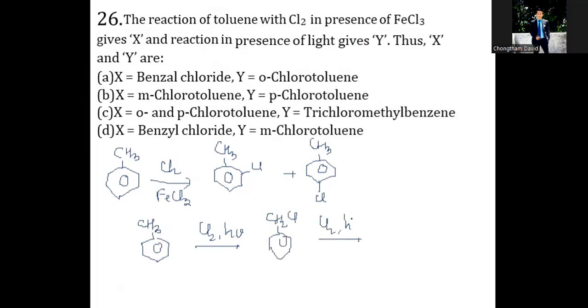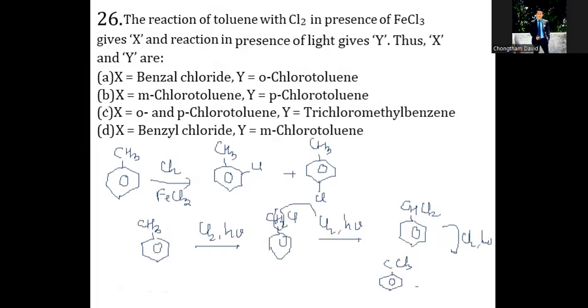Chlorination, still in sunlight, there will be a substitution reaction. One hydrogen is replaced by chlorine. Further halogenation in the presence of sunlight will generate CCl3. Yes.